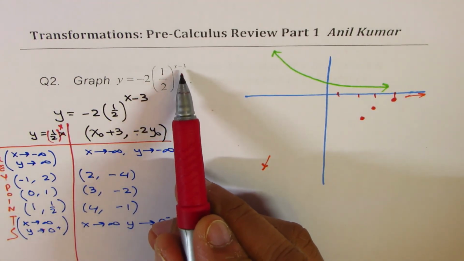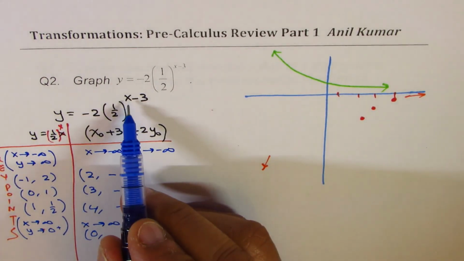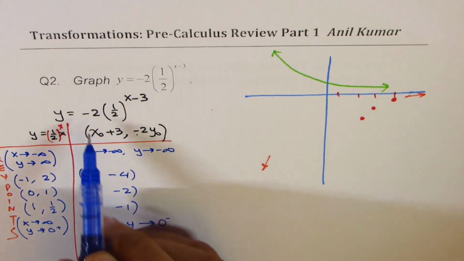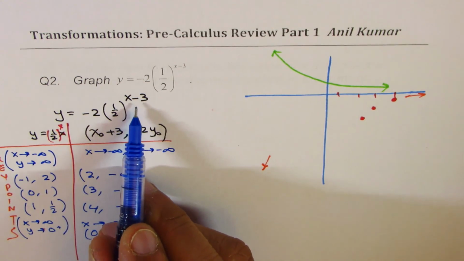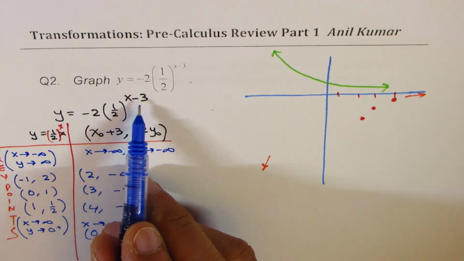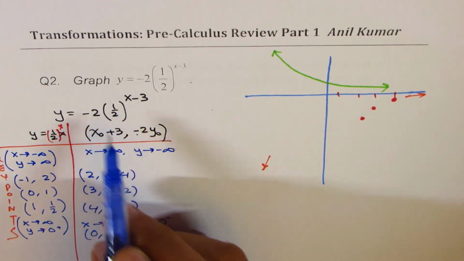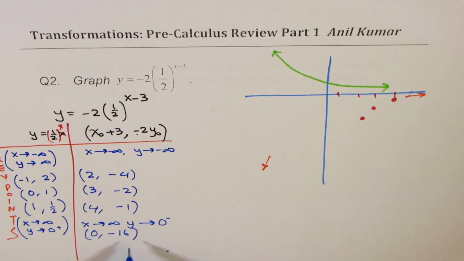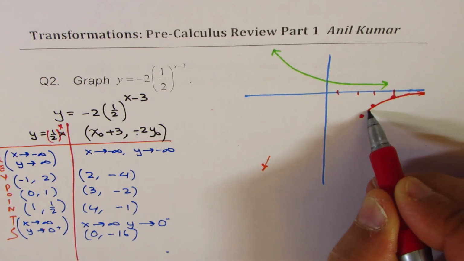If x is 0, let's calculate what happens when x is 0. So if x is 0 in this function, we get minus 2 times, now for x equals 0, we get half to the power of minus 3, which is 8. So we get minus 16, right? So it's very extreme, it's kind of like this, because this is an exponential function.